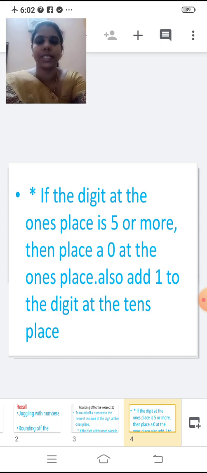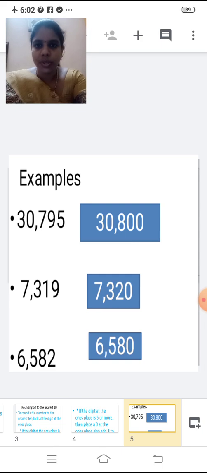We'll see some examples. 30,795. Now look at the digit at the ones place. What number are you having? 5. If it is 5 or more than 5, what you have to do? Place 0 at the ones place. Then I have to add 1 to the tens place.